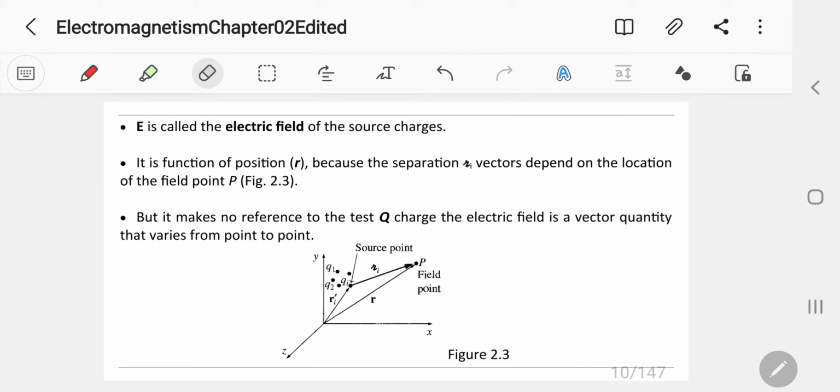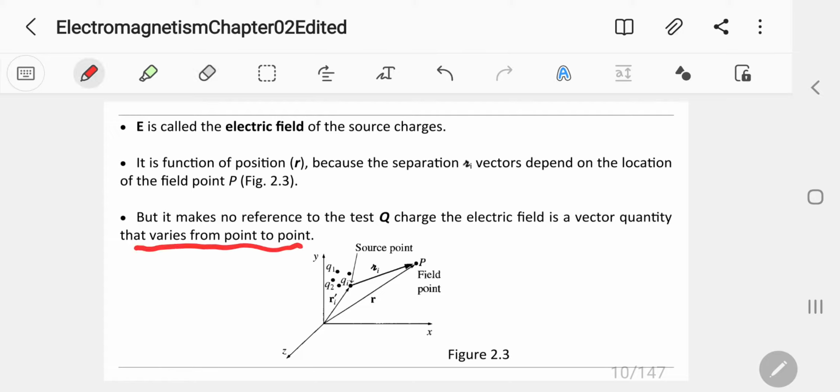And of course, it doesn't refer to Q, as we have said. We factor out Q from the force to get the electric field. And by the way, the electric field varies from point to point.